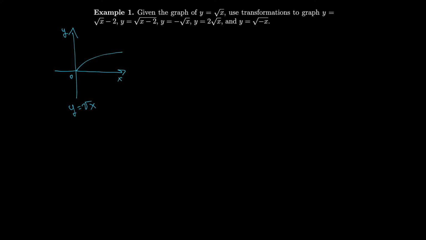Okay, so given that original graph, let's make this into square root of x minus 2. We're subtracting from our function, which is the same as adding to the y value, so this thing moves down too.